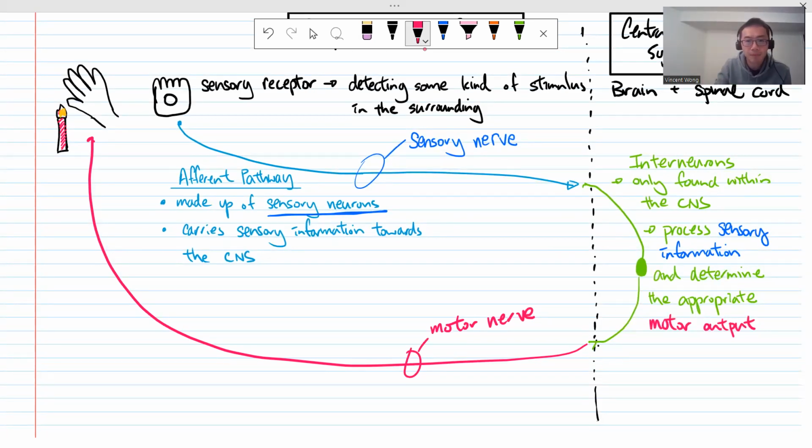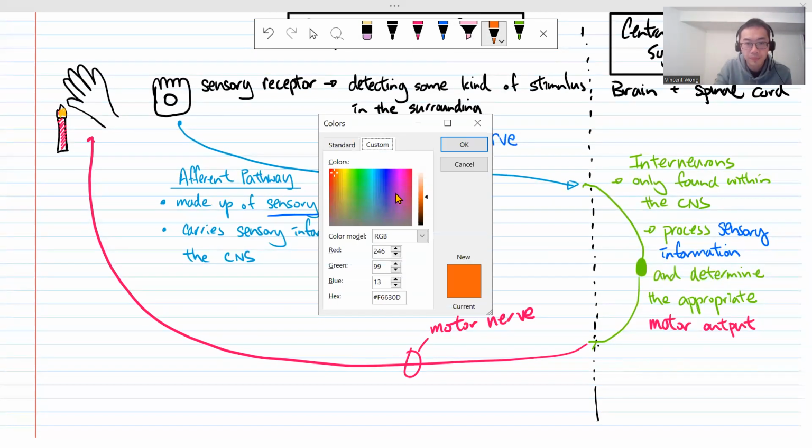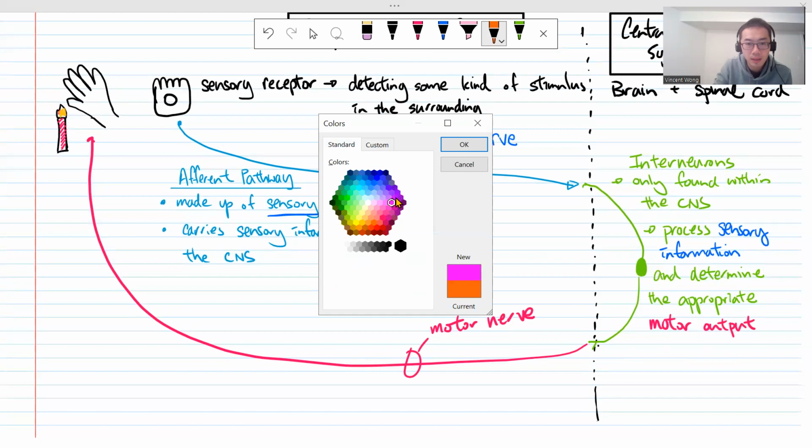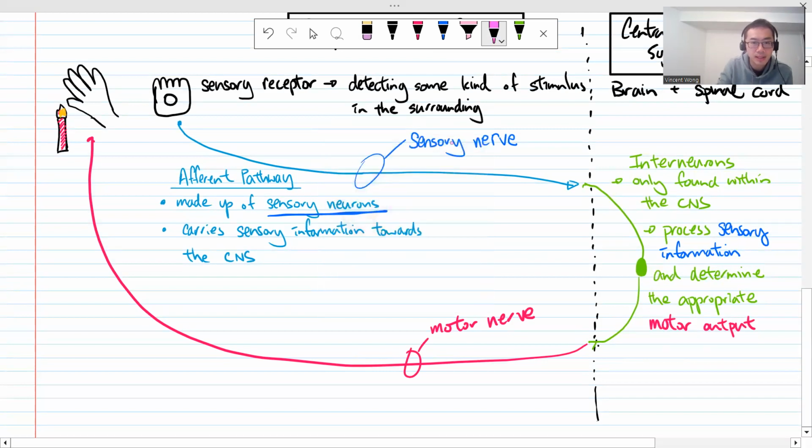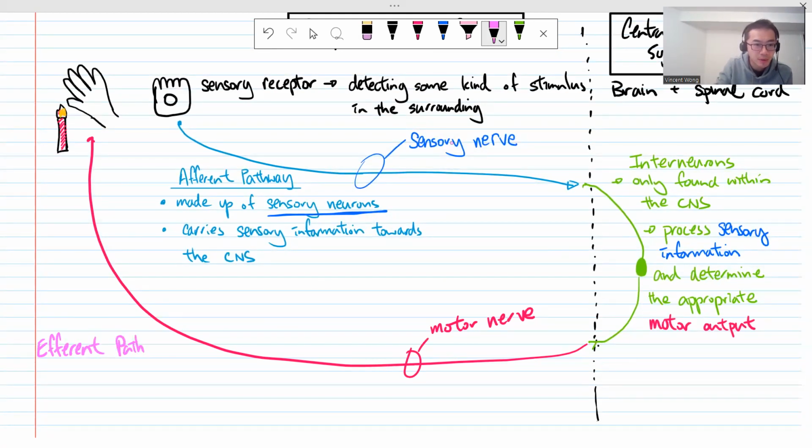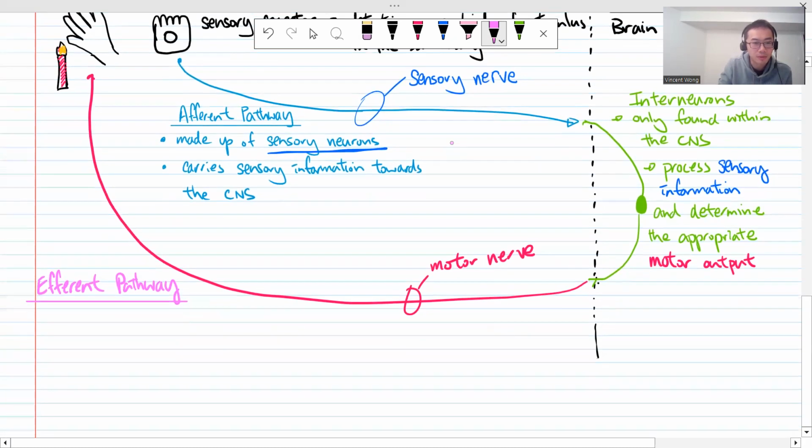And the name we give it is the opposite of afferent. It is the efferent pathway. Some people pronounce it efferent. Same thing. It's like tomato, different pronunciation.